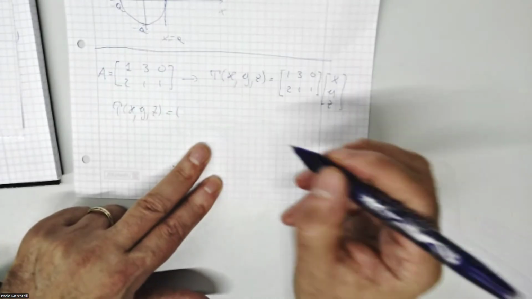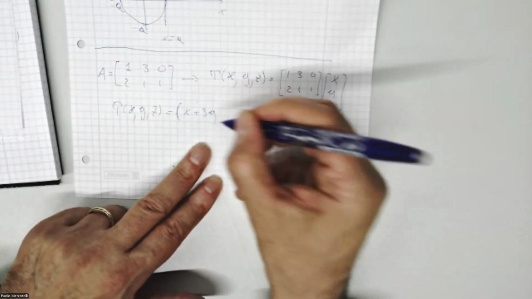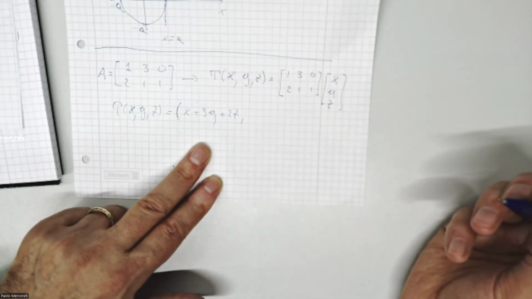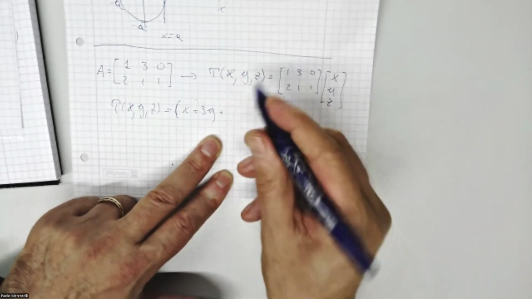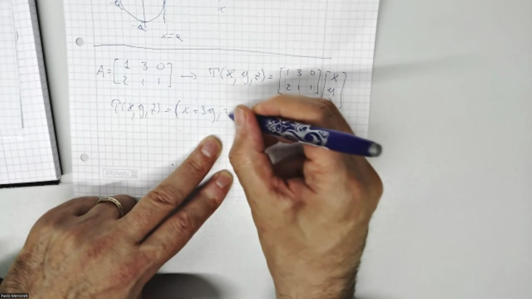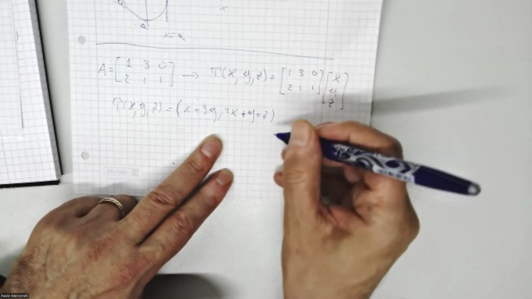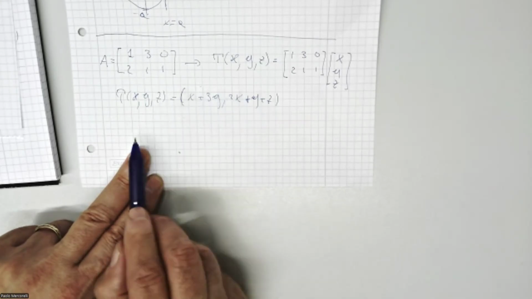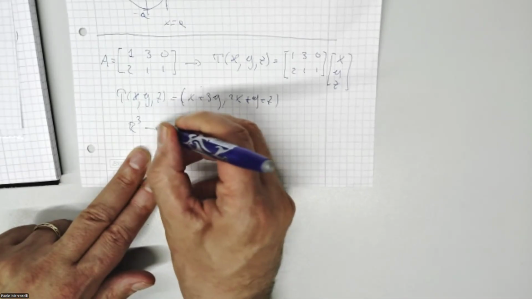Probably it's better to write as before. Zero, no? Excuse me. Zero, I copied wrongly. It's the transformation between a space R^3 into R^2.